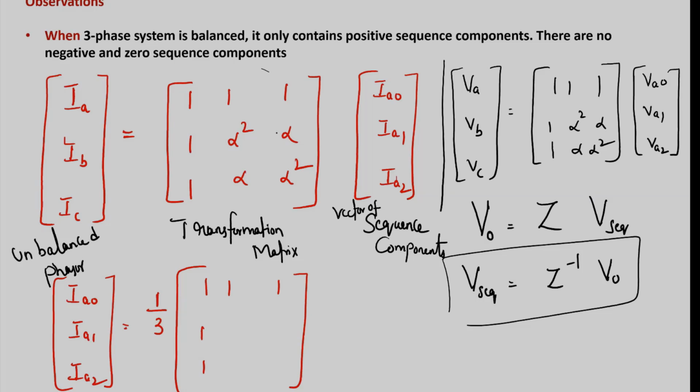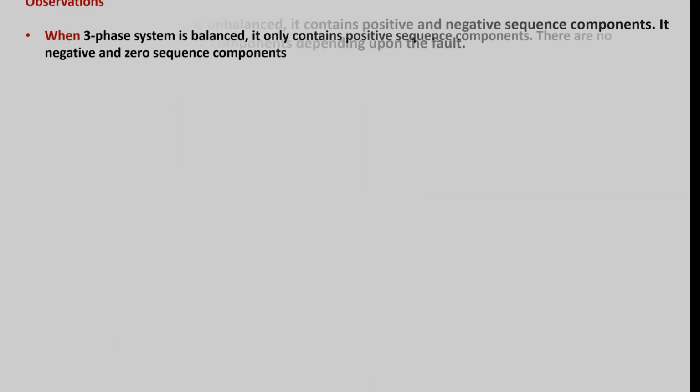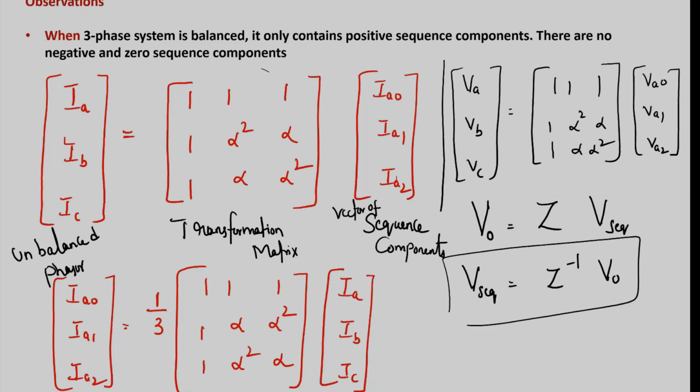Just interchange the positions of alpha and alpha square, into the unbalanced IA, IB, IC. So this is Z, and this is Z inverse. Understand? So you have to remember the Z transformation and Z inverse transformation.